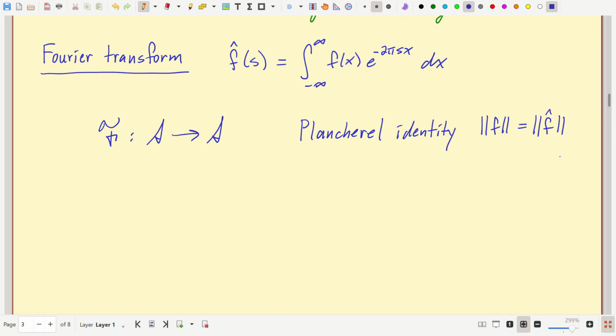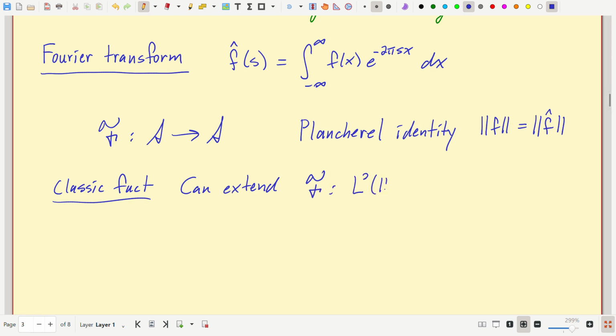Well, it's a classic fact that this allows you to extend the Fourier transform. We can extend F from L2(R) to L2(R).